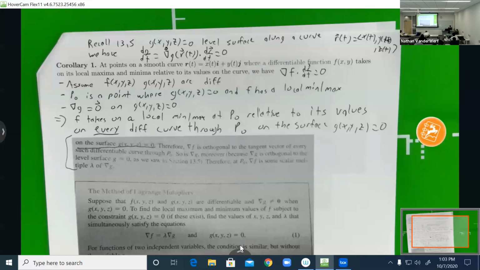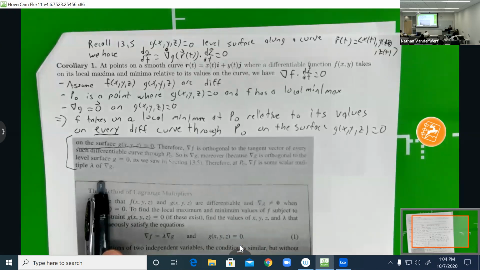The only way this dot product can give 0 no matter what inputs of r you put in, coming from many different directions on this curve, is why delta f becomes a scalar multiple of delta g.